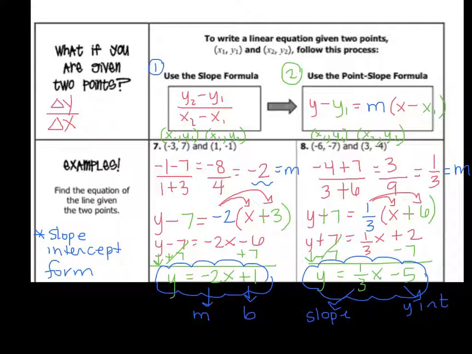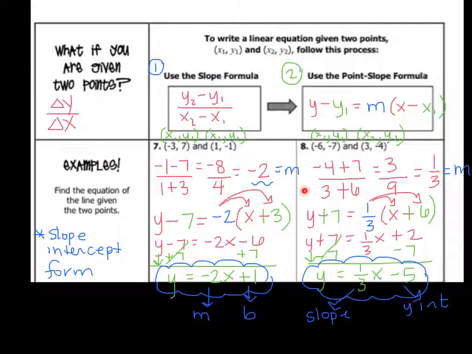Okay? So what you should notice is if you follow the process step by step, you can do this. You guys know how to calculate slope. You can use the formula, or you can just ask yourself, how do I get from negative 7 to negative 4? That's up 3. How do I get from negative 6 to positive 3? That's up 9.